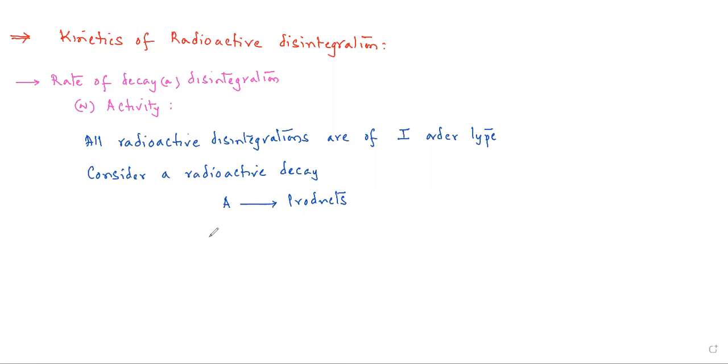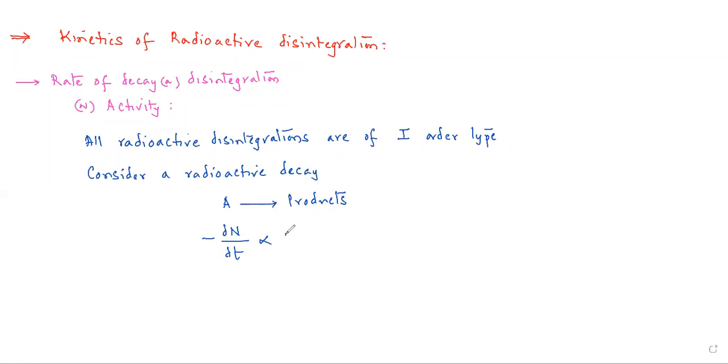In this case, rate of reaction with respect to A, the reactant or the parent element, can be given as minus dN by dt, where N refers to the number of atoms.